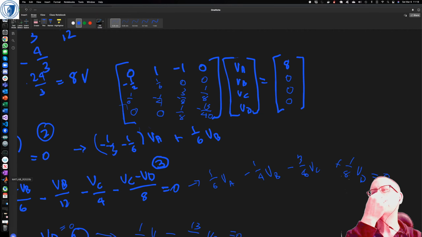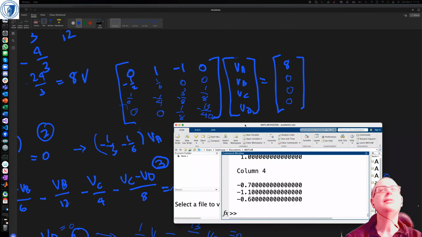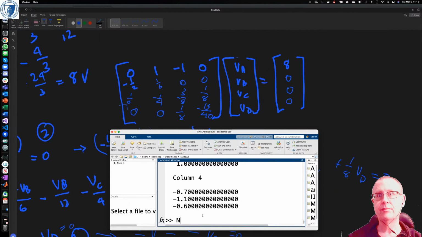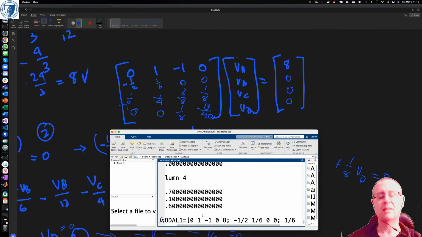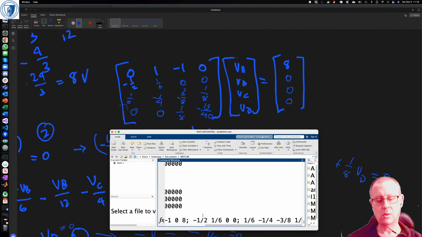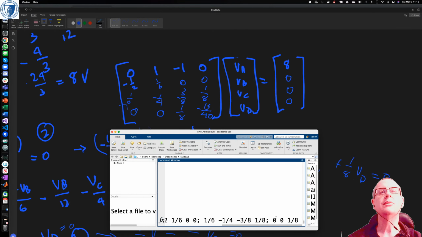Okay, and then we can go back to Matlab and see about it. We've got 0, 1, minus 1, 0, 8, minus a half, 1/6, 0, 0, 1, I think that's a sixth, minus 1/4, minus 3/8, 1/8, and then 0, 0, 1/8, and oops, I forgot to put the 0 in.